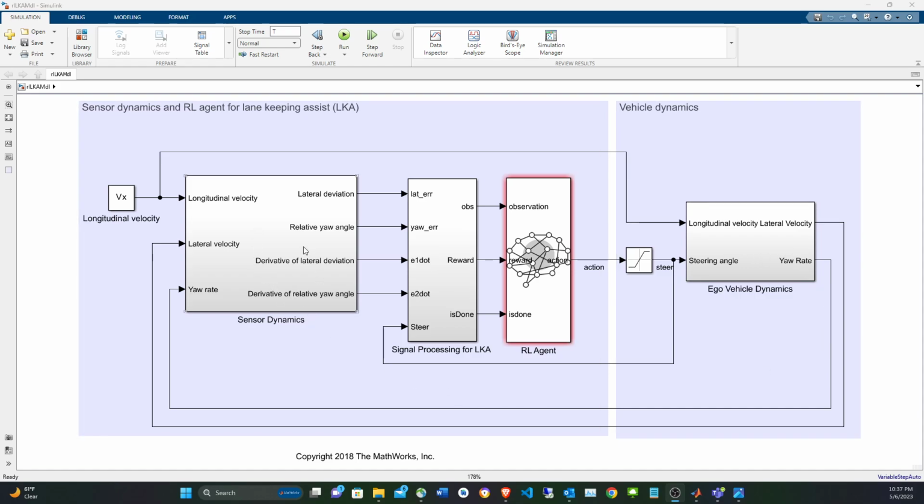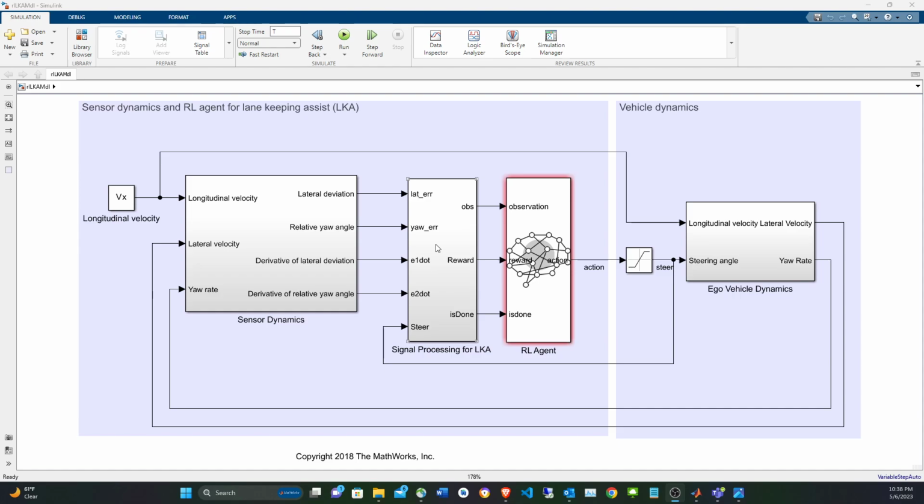And then we have some sensor dynamics to compute the observations, which are the lateral deviation and relative yaw angle, the angular deviation, and also the derivatives of both of them. And here we're going to compute the integral of both of them. So you have a total of 6 observation variables: lateral deviation, relative yaw angle, and the derivatives and integrals.